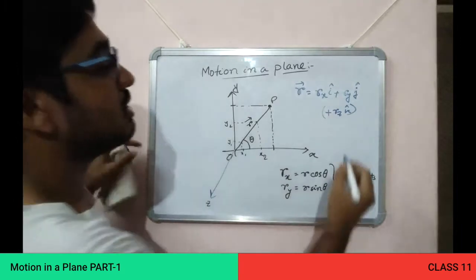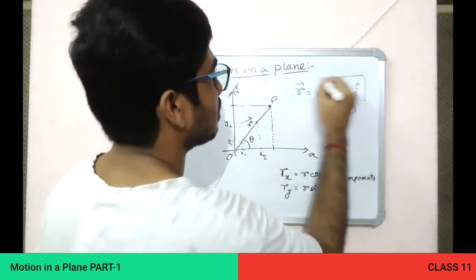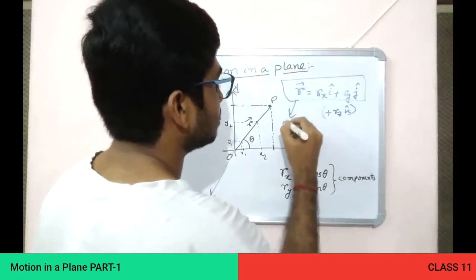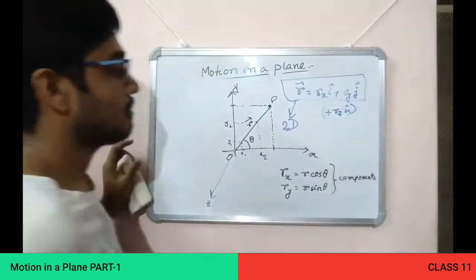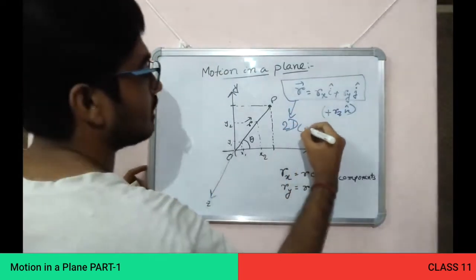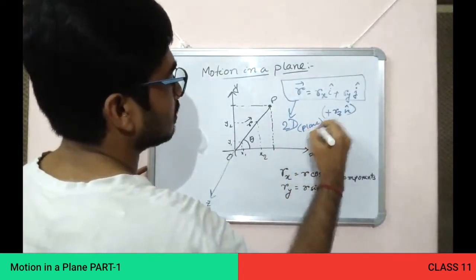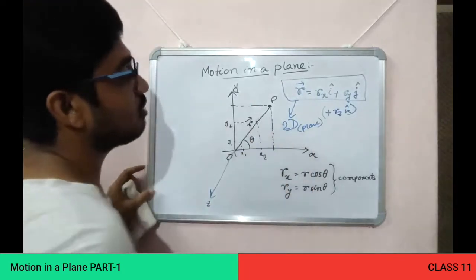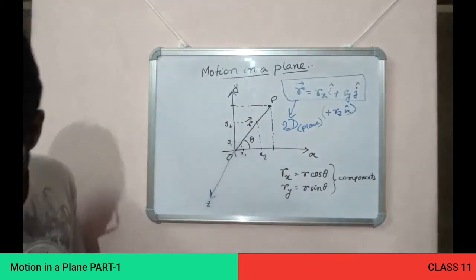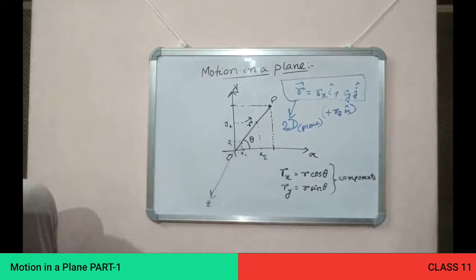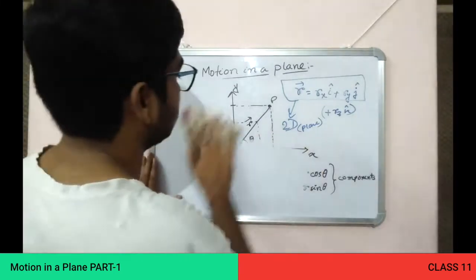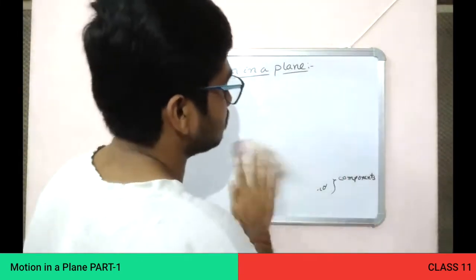This is in 3 dimension, and this is in 2 dimension. That is a plane. 2 dimension means x and y, there are 2 directions only. So in 3 directions, I will show how this happens.